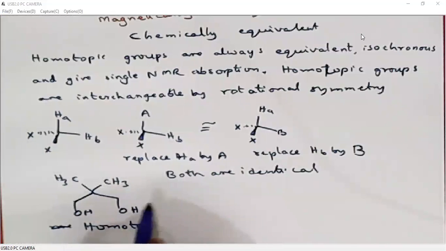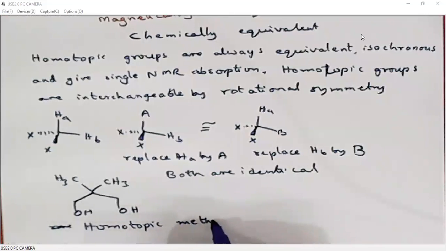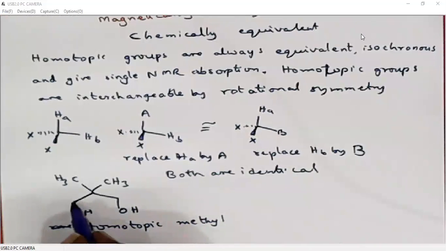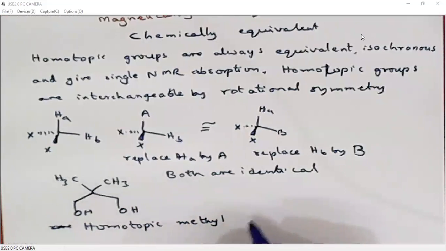If it doesn't become chiral, then we can say these two are homotopic. So these two methyls are homotopic groups. I'm not talking about these protons, okay? These two methyls are homotopic.